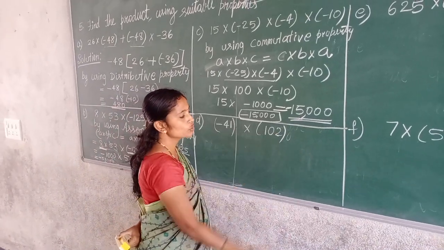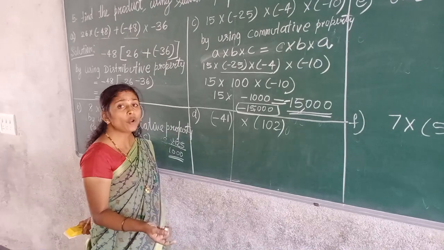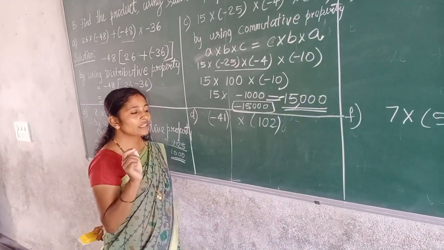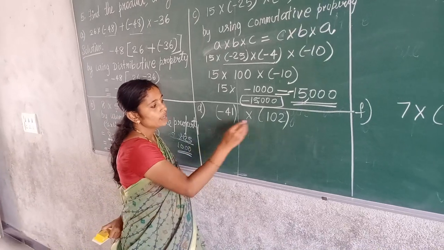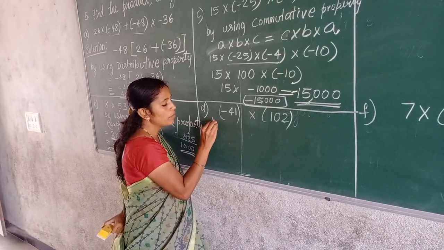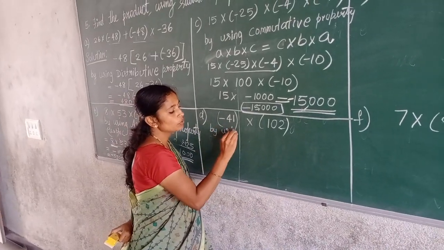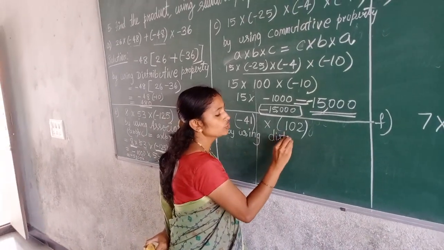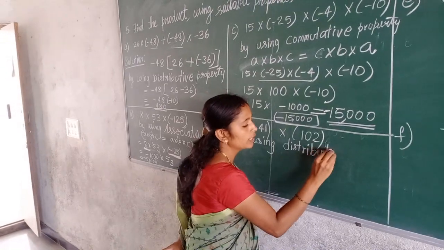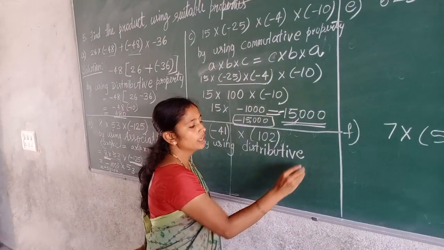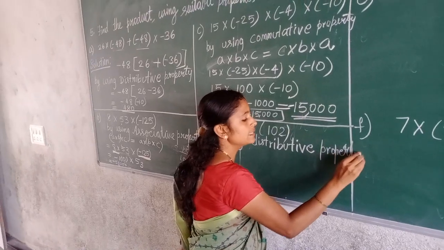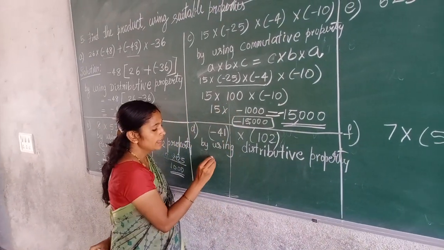Minus 41 into 102. Here which property will you use? As I taught you how to make the multiplication easier, here also we can use the distributive property. Why should I use the distributive property? You observe the question carefully, then it makes your work easy.